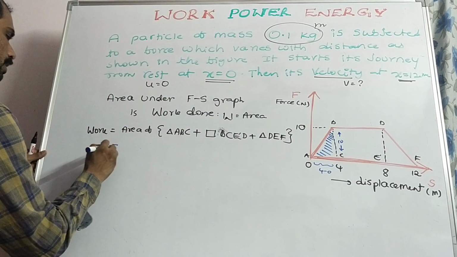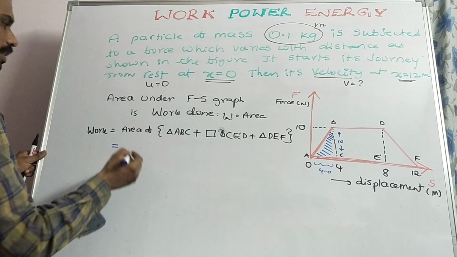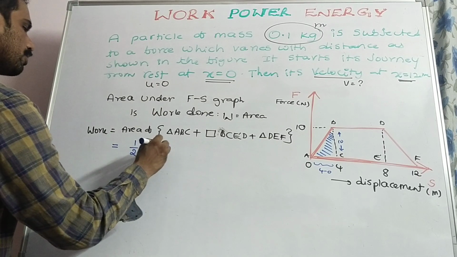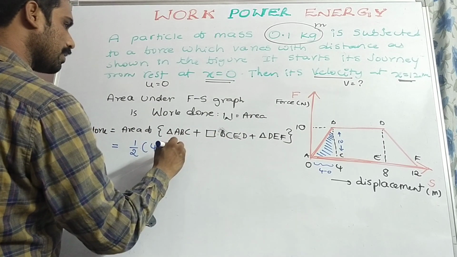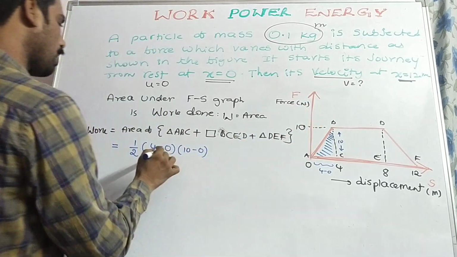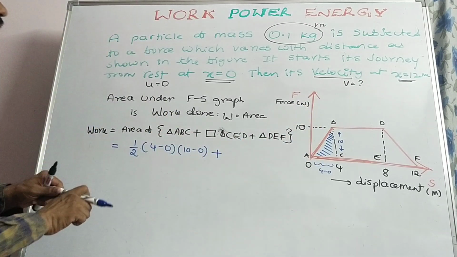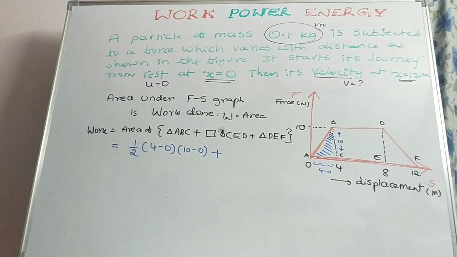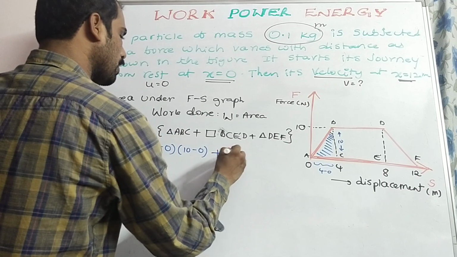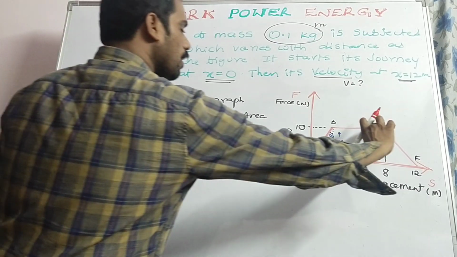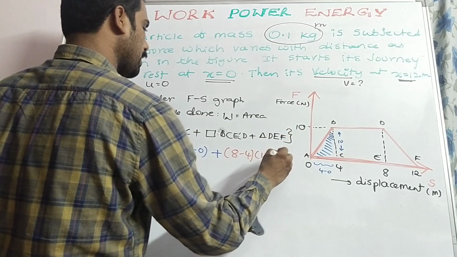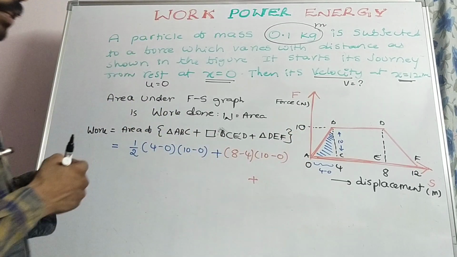So that is equal to area of triangle ABC, which can be written as half into base (4 minus 0) into height (10 minus 0). Plus next, area of BCED, length into breadth: length 8 minus 4, breadth DE is 10 minus 0.